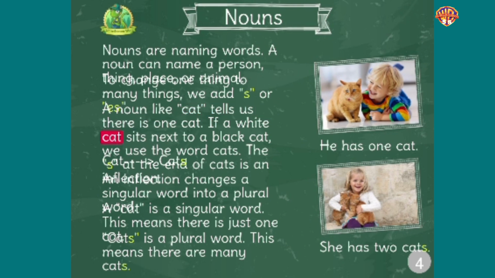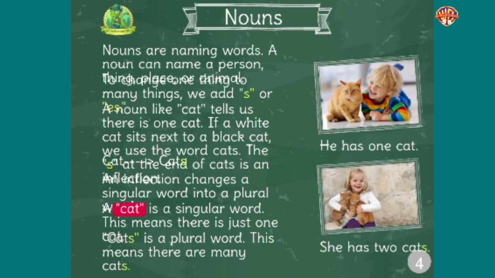If a white cat sits next to a black cat, we use the word cats. The S at the end of cats is an inflection. Cat, cats. An inflection changes a singular word into a plural word.